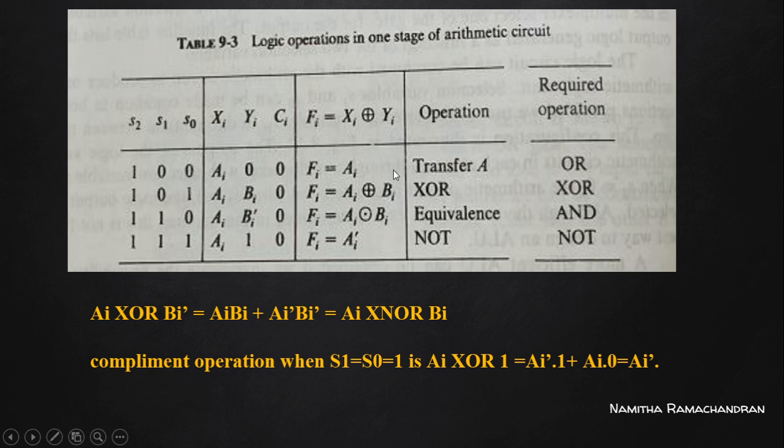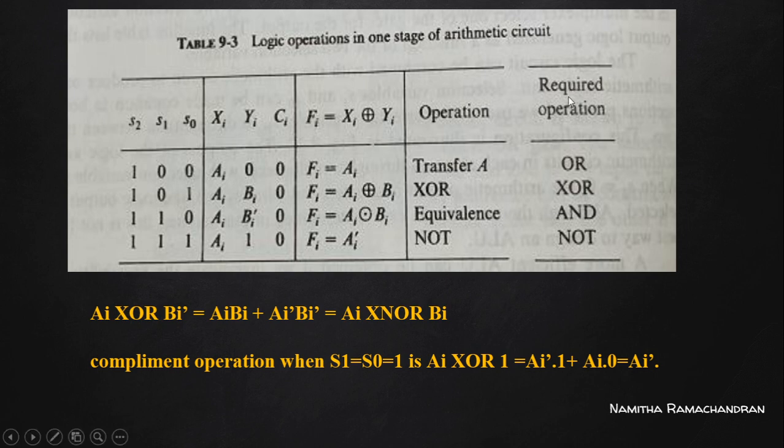That is the meaning of this expression, right? Substituting this input over the full adder output, it generates outputs like this. First case, Ai itself, that means transferring the input A to the output of our full adder. And this one indicates the XOR operation. This is the XOR operation, and this transfers the complement of Ai.